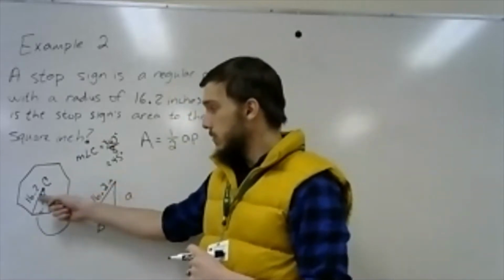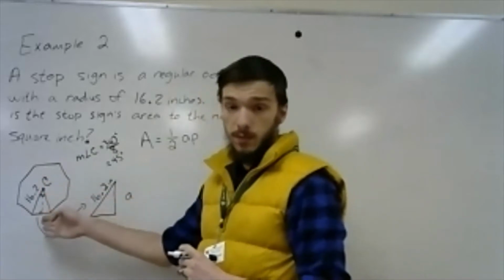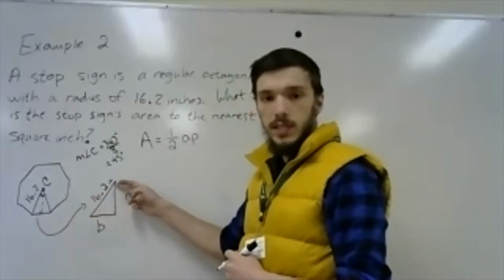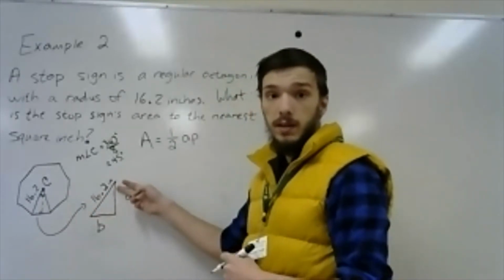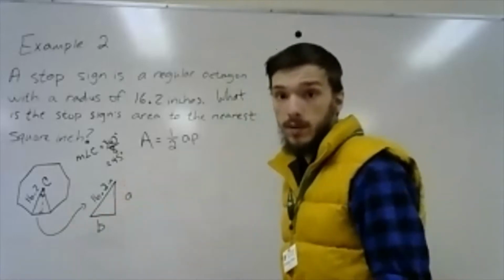If this angle is 45, and we cut this triangle directly in half, we bisected it, this angle is going to be half of 45, or 22.5 degrees.